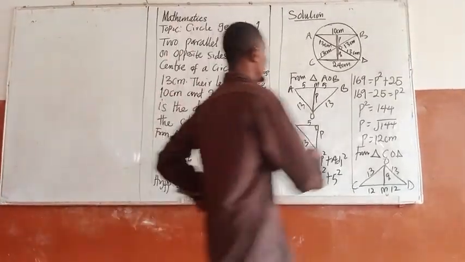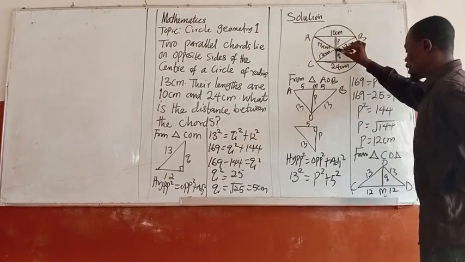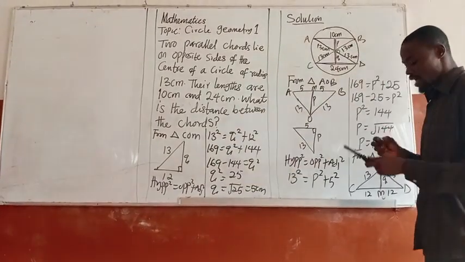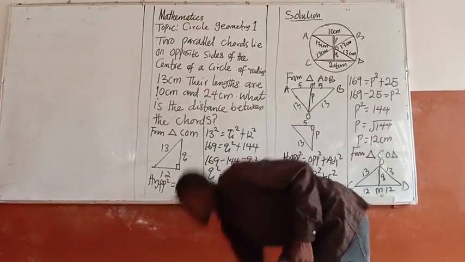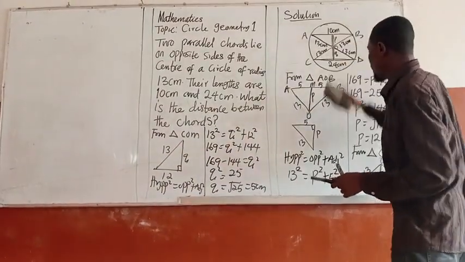Which means that the length from here to here is 12, and the length from here to here is now 5. But the question says to find the distance from here to here.